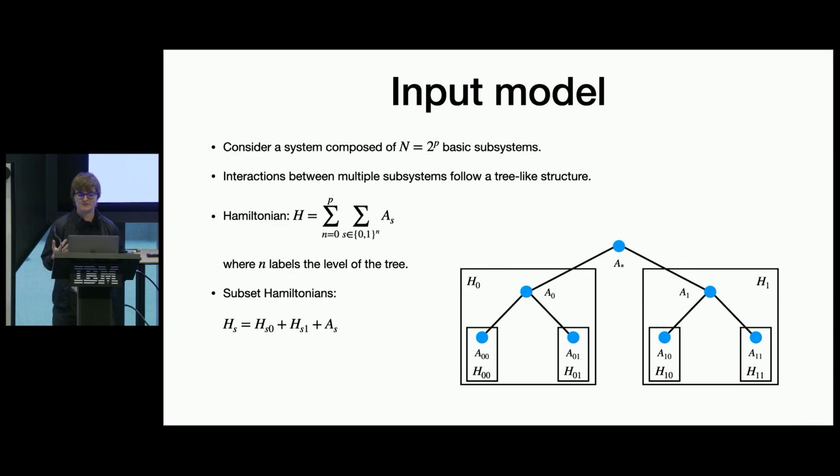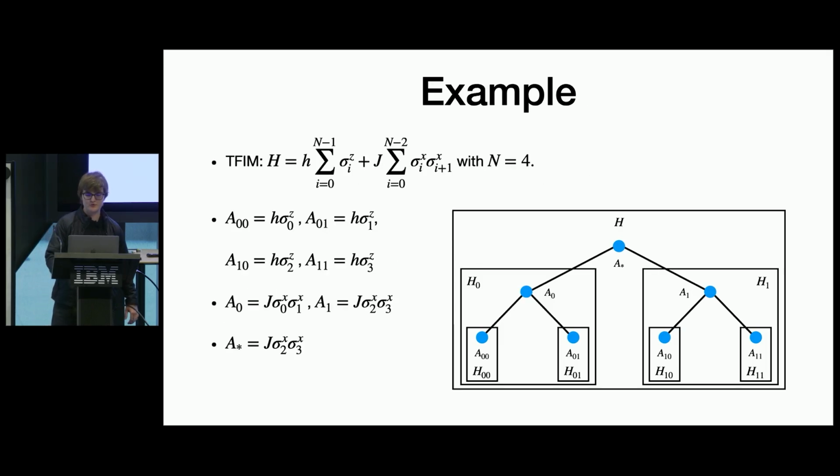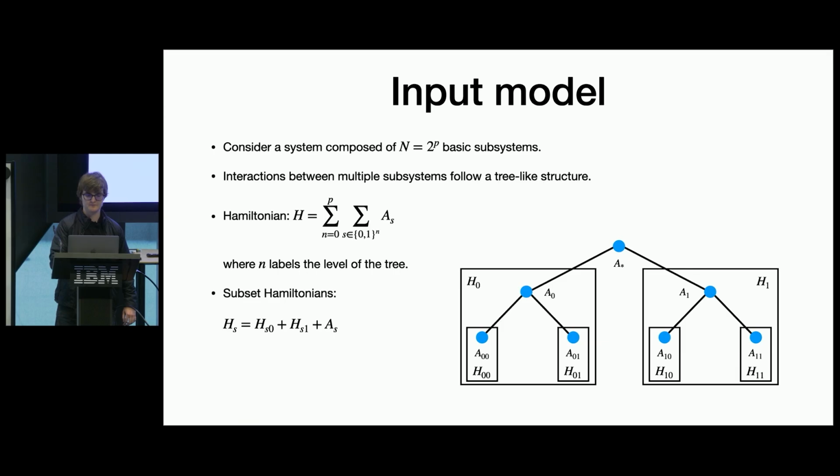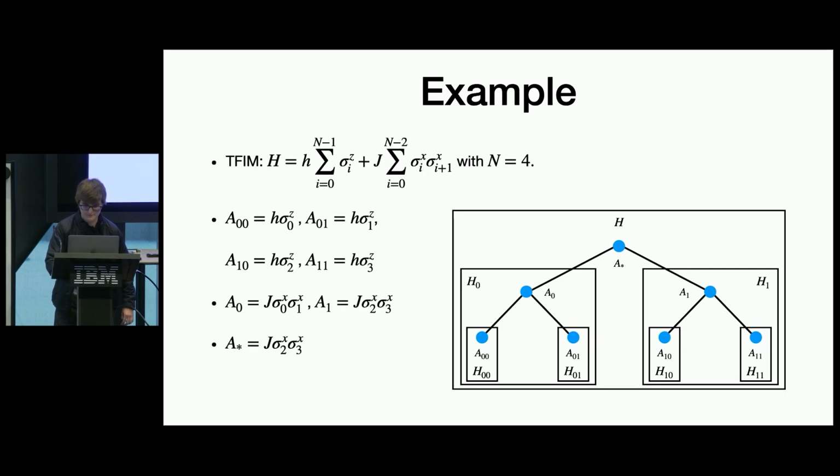And then at the next level, for example, H0 now consists of all the terms here. So H0 is the sum of A00, A01, and A0, and similar on the right side of the binary tree. And the full system is then all the nodes.